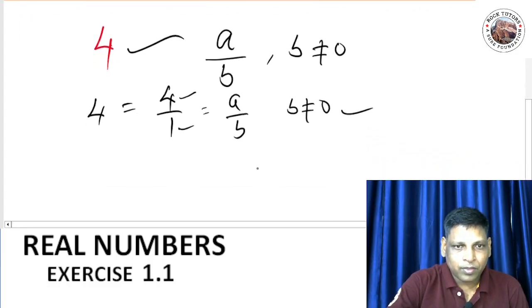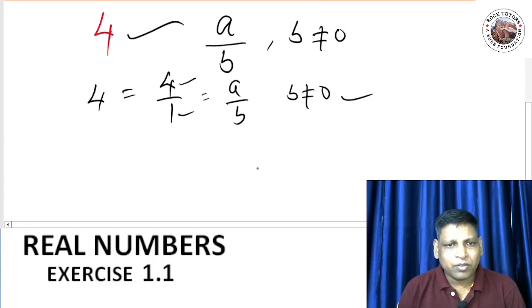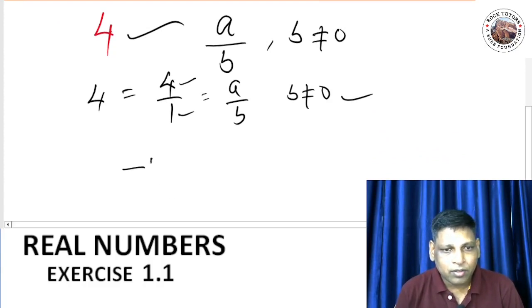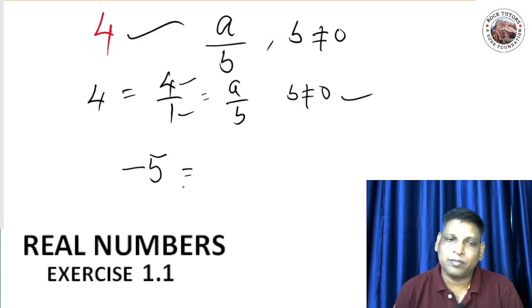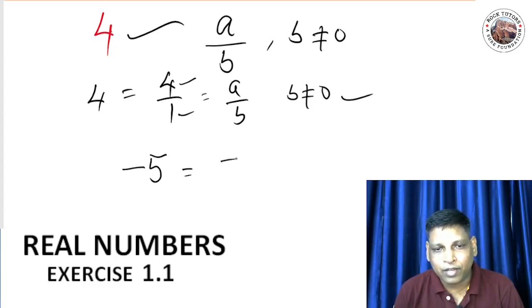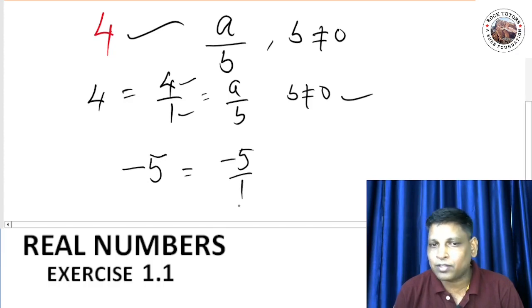Now, can you tell me that minus 5 is a rational number? Yes, you can say that minus 5 is a rational number. Why? Because I can write minus 5 in the form a by b like this: minus 5 is equal to minus 5 by 1.